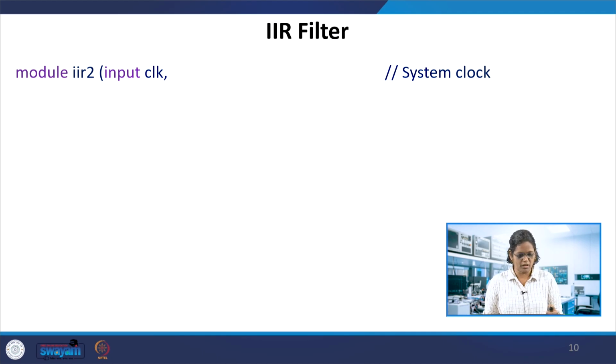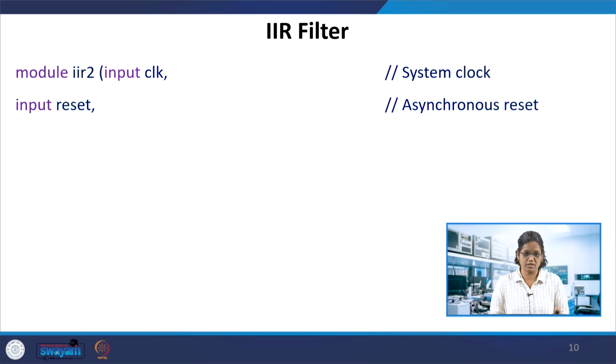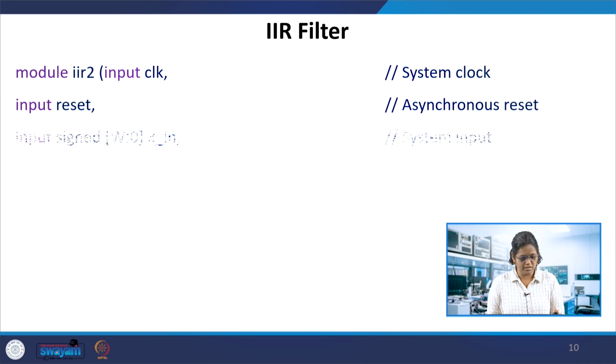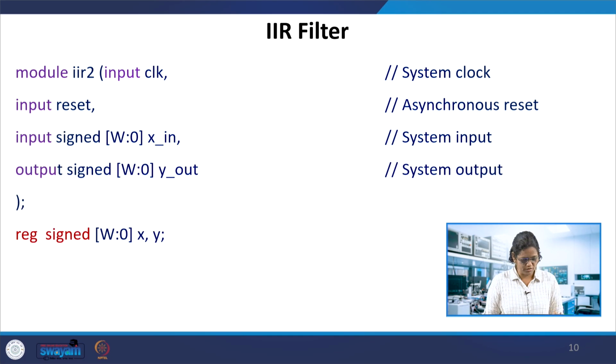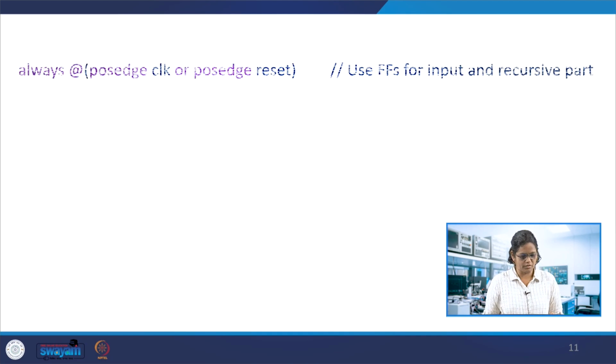But here, in this IIR2, if we have coefficients, how do we handle them, also if we have only right-shift division examples? The same example, with a little bit of variation in the difference equation, can be seen here. Inputs are clock and reset as defined in the previous example, and x, y are assigned with w equal to 14, always at the positive edge of the clock or reset.